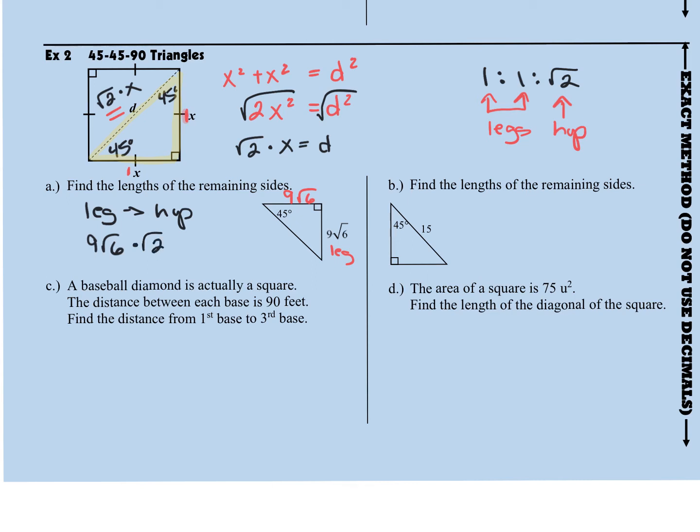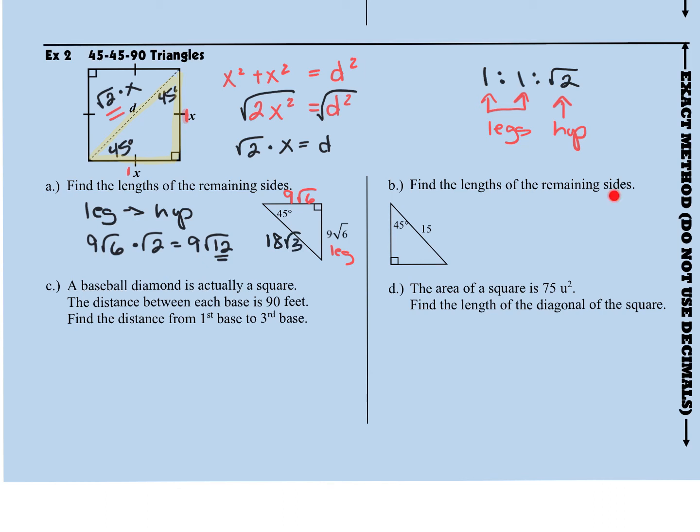Now, of course, when we multiply that, that's going to give us a 9 radical 12, and we always need to remember to simplify our radicals. And of course, that square root of 12 is going to simplify, a 2 is going to pop out, and our final answer will be 18 radical 3. So we found those remaining sides.